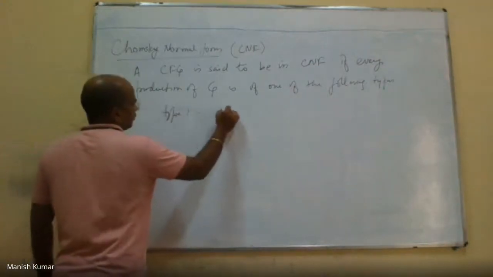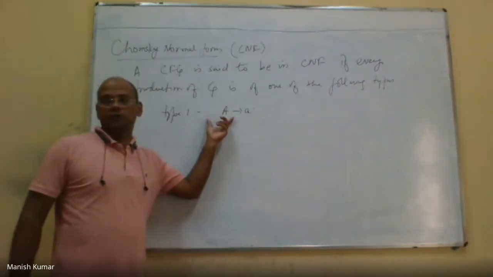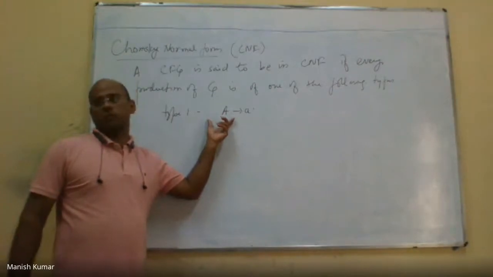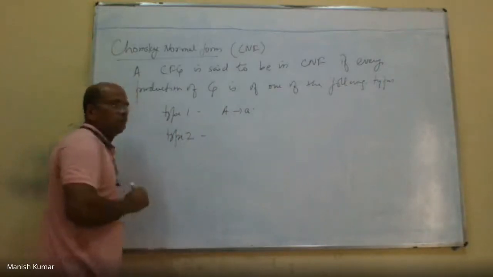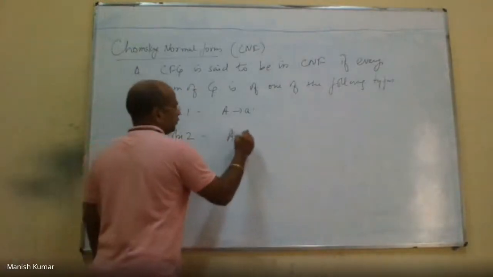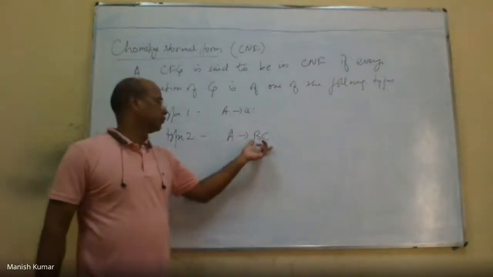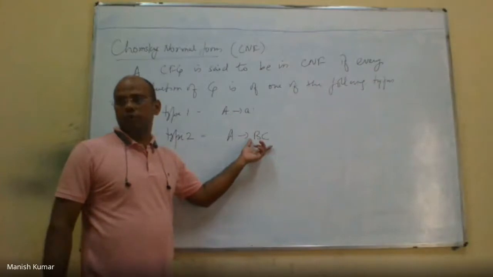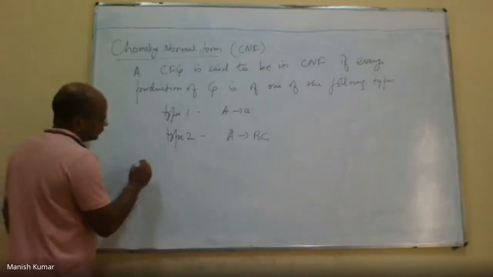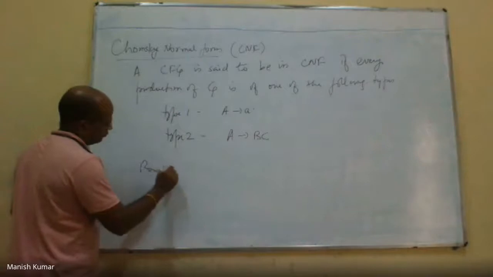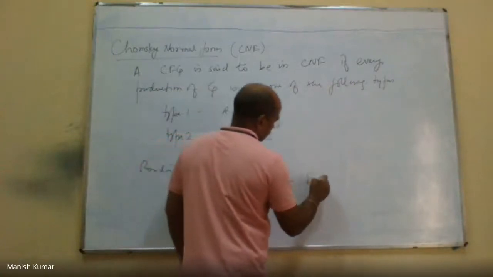What you look for is one of these types: type 1, where a non-terminal defines a single terminal, or type 2, where a non-terminal always derives a combination of two non-terminals. This is provided G has no useless symbols also.